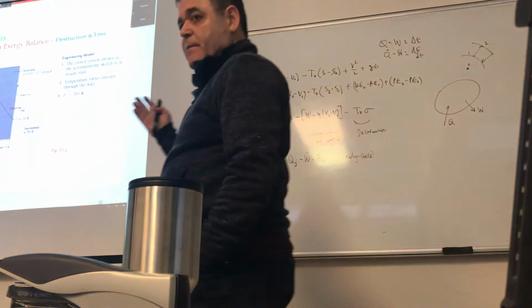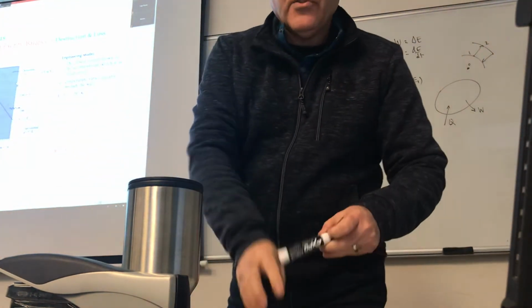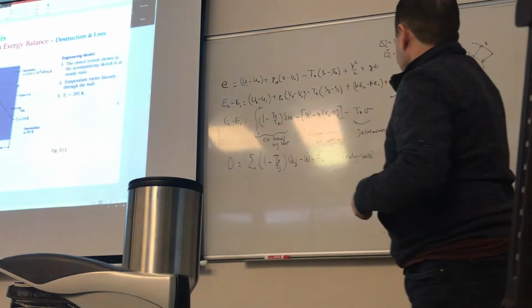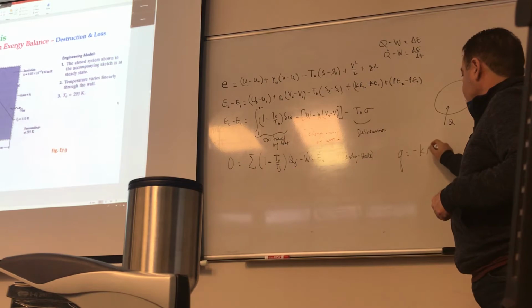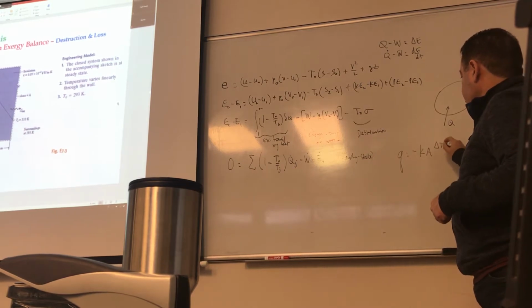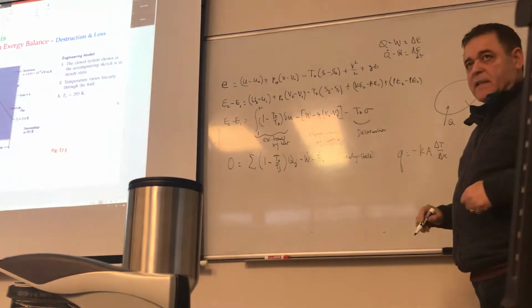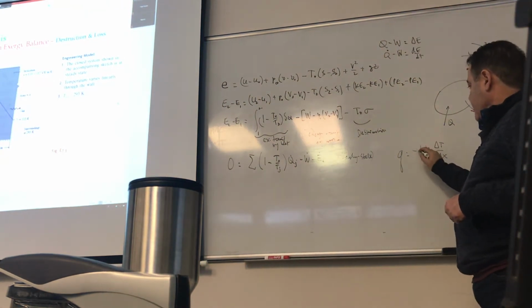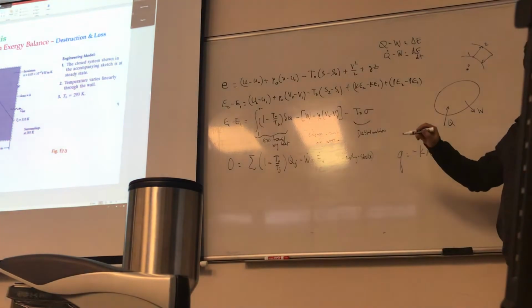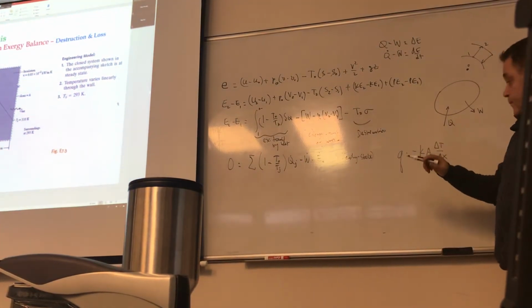It's conduction. And if you guys remember from last term, the equation for conduction is Q is equal to negative K A delta T divided by delta X. Okay? The negative sign ensures that we're going from hot to cold.